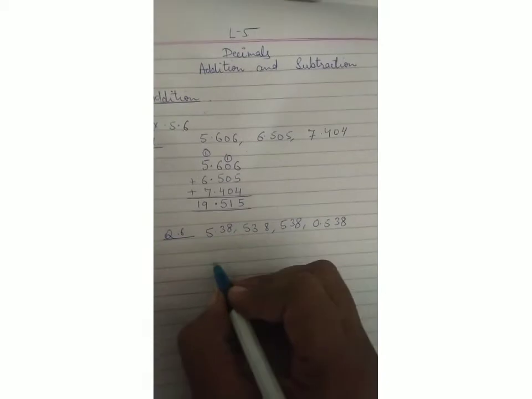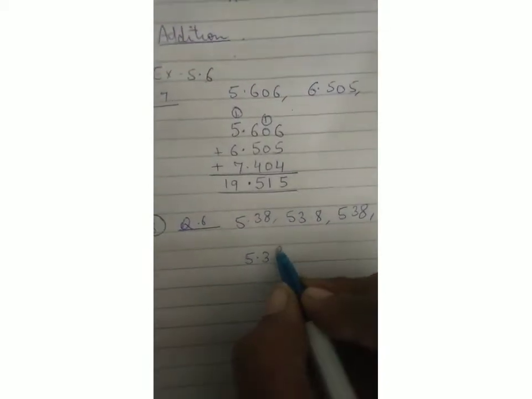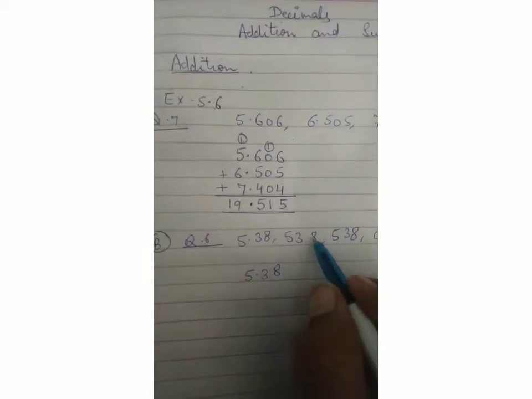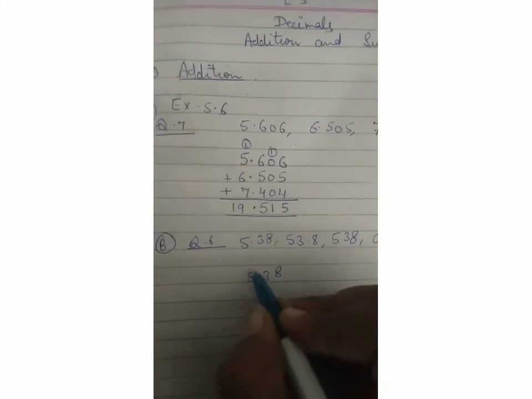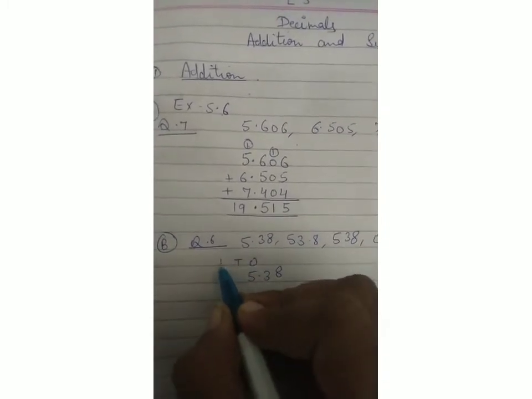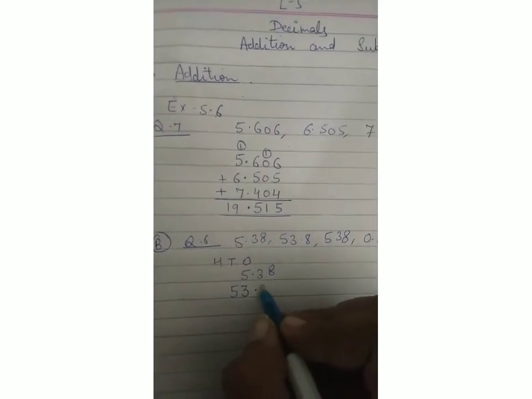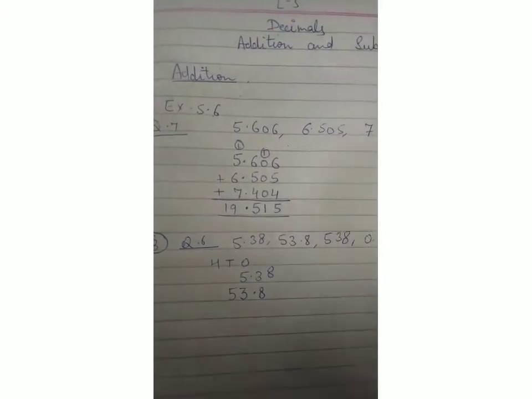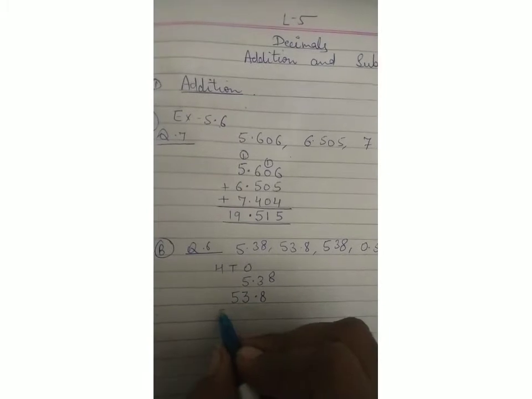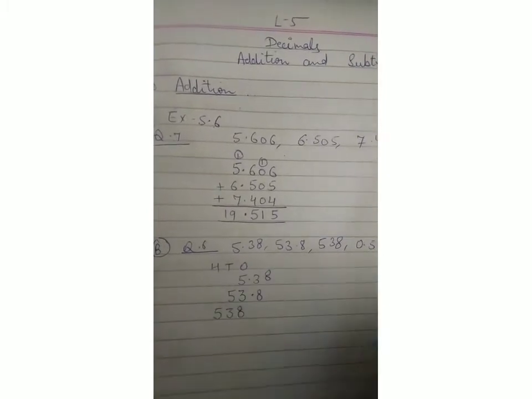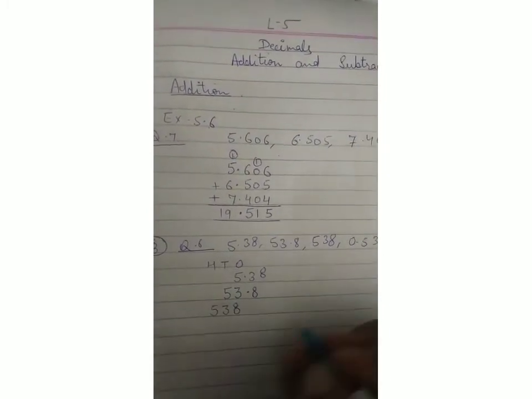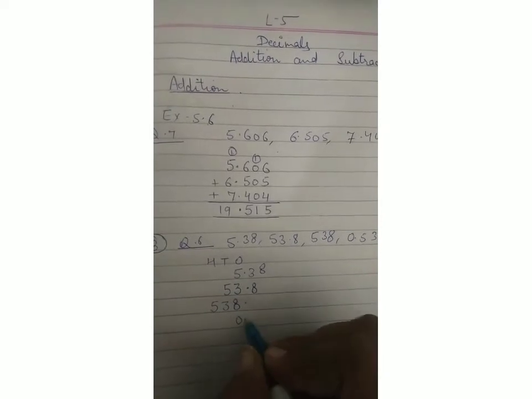How? First of all, I will take 5.38. Now I have to write 53.8. As you know 538 is a whole number, I can write ones, tens and hundreds, so 53 will be placed over there, decimal 8. Then 538 will be written like this, and 0.538 will be written like this.